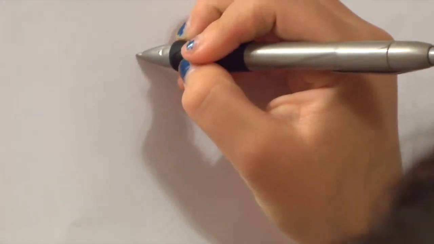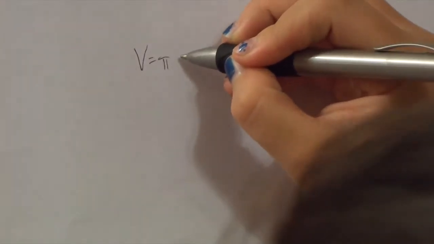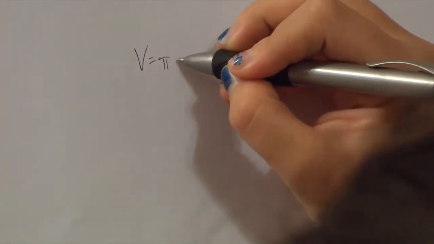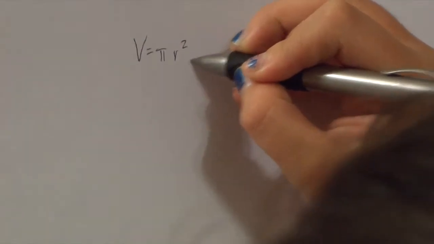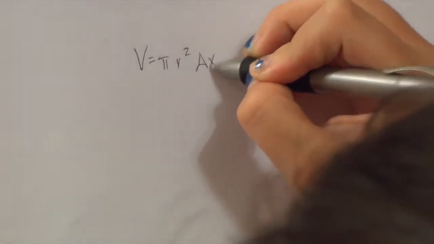The volume of any solid of revolution is modeled by this equation: volume equals pi r squared times change in x.